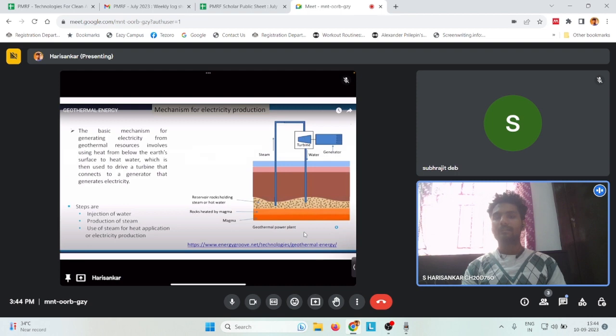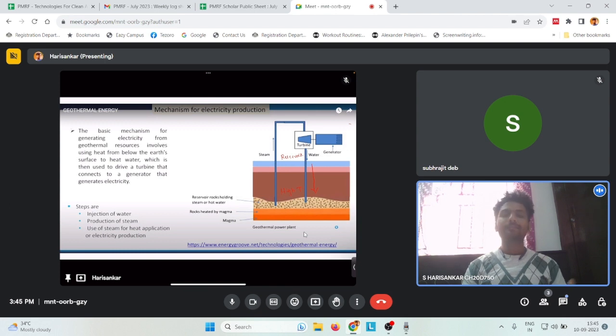So how can we produce electricity from geothermal energy indirectly? This picture shows a brief schematic. Let's say we have a water reservoir, and below this water reservoir we have high temperature inside the surface. What we can do is pass water towards this high temperature region.